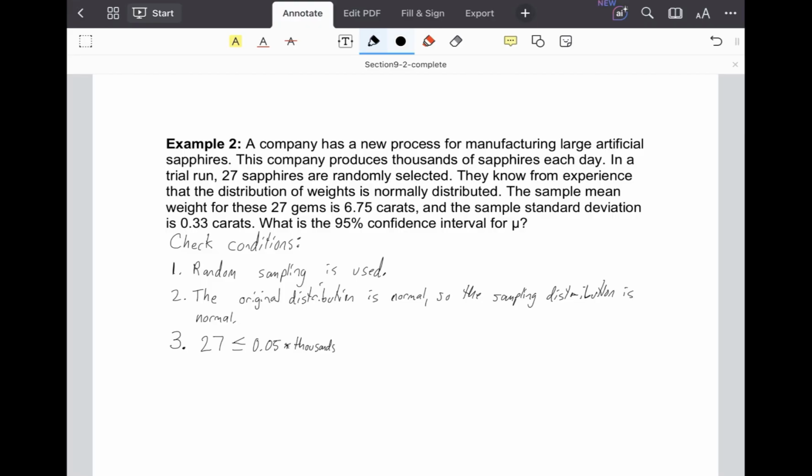Even if we would take 1,000, I think we're all right. 5% of 1,000 is 50, so that's already bigger. And they're saying thousands, so more than just 1,000. So it's even smaller than 5%. So this is good. We can say the sampling is independent.